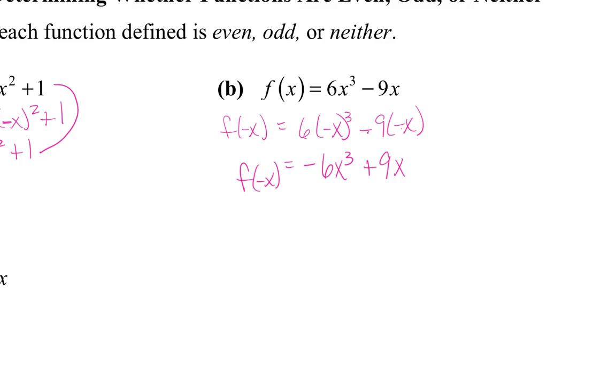So now what I see is that I started with a positive 6 and I have a negative. I started with a negative 9 and I have a positive. So since both signs changed, that means when I replace x with negative x, the whole function changes signs. So this makes this odd.